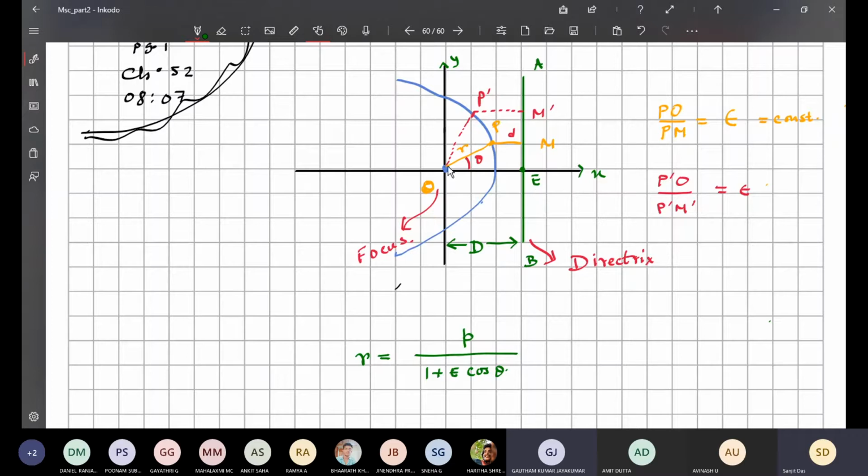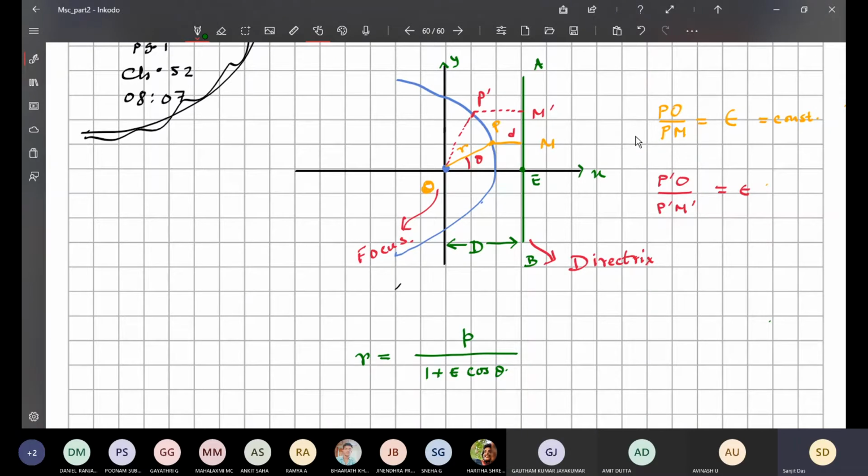Just see, if this is the focus and if this is the trajectory, whatever be the way of the trajectory, try to understand, this trajectory can be a part of 3 or 4 known things. What are the 3 or 4 known things? Because I have zoomed in and I am telling you all these names.